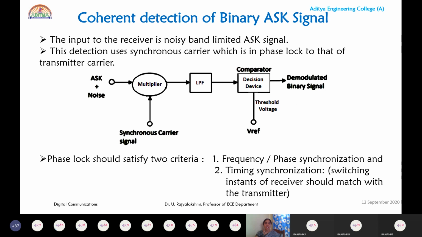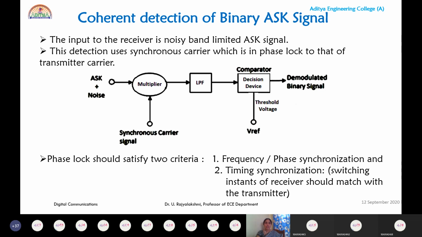It means that the switching instance, or you can say the sampling intervals, of the receiver should match with that of the transmitter section. That is generally called timing synchronization. So this coherent carrier used at the receiver is also called the synchronous carrier.